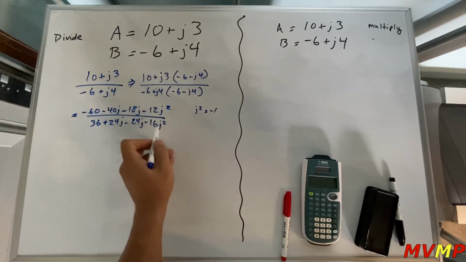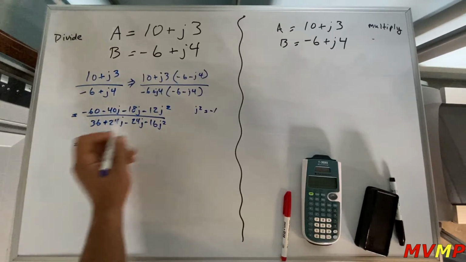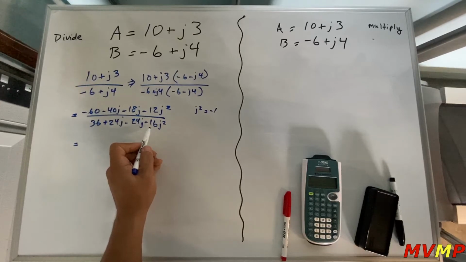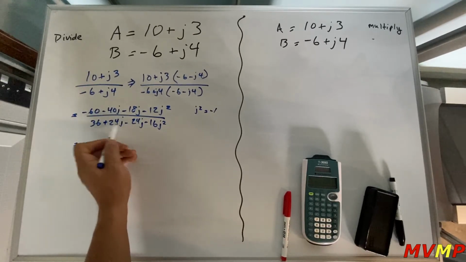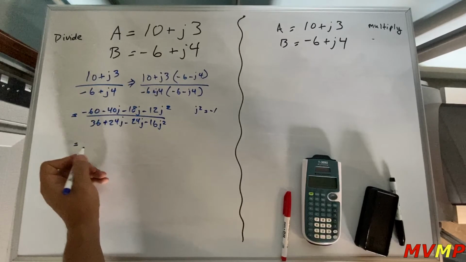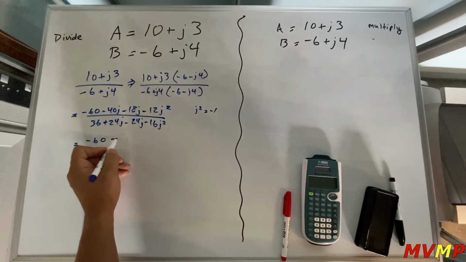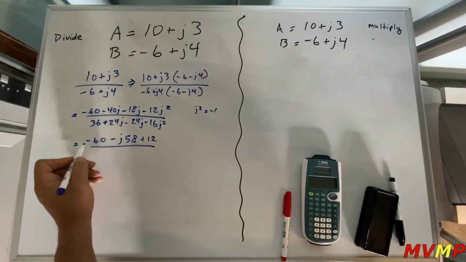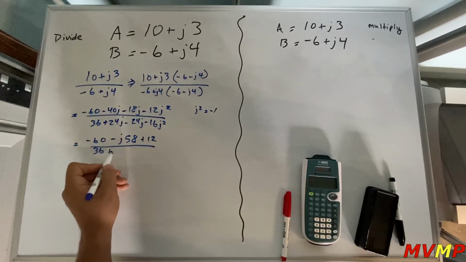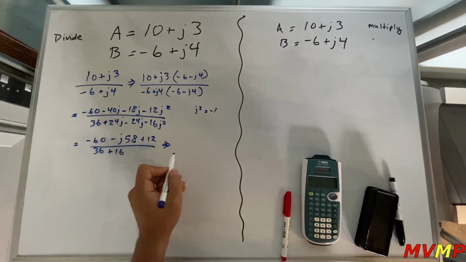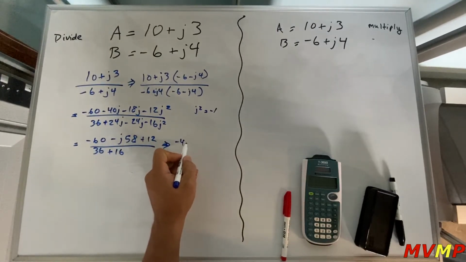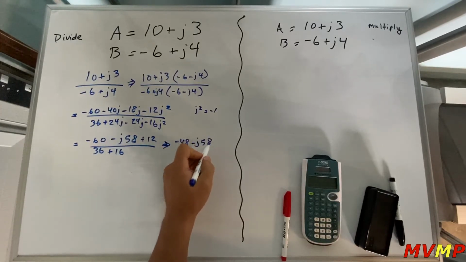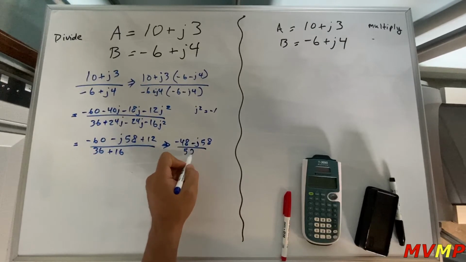So when we plug it in here and here, since it's already negative, we get positive 12, and over here we get positive 16. This part cancels out, so on the top we have minus 60 minus j58 plus 12, over 36 plus 16, which gives us minus 48 minus j58 over 52.